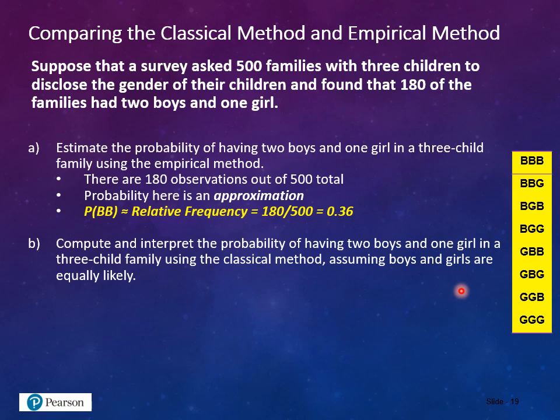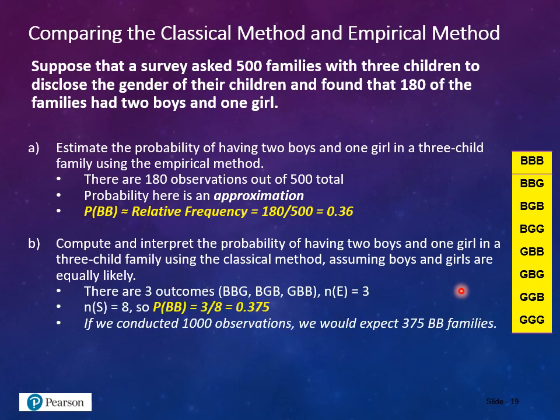So the number of different arrangements of 2 boys and 1 girl is 3. The sample space is 8, so our probability equals, remember that when we use the classical method, we're calculating an actual probability. So the probability equals, not is approximate, to 3 over 8, which is 0.375.